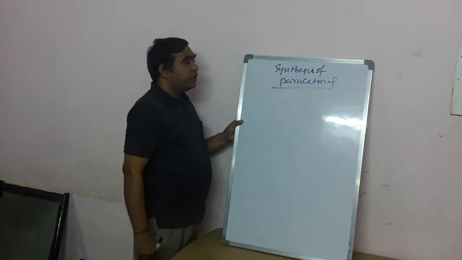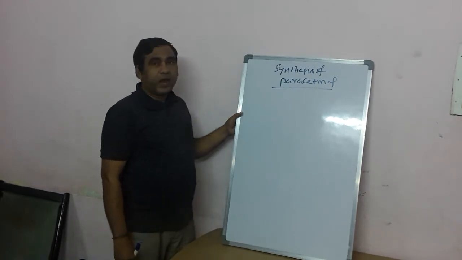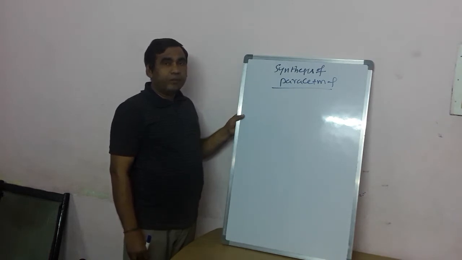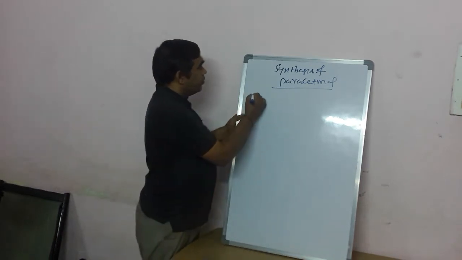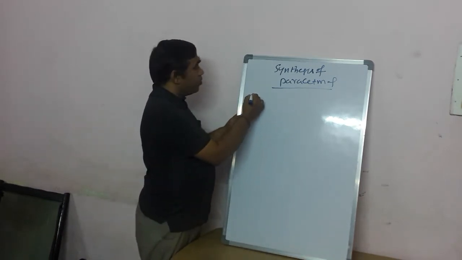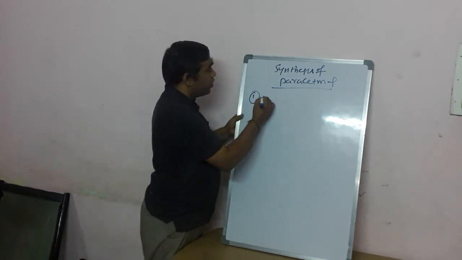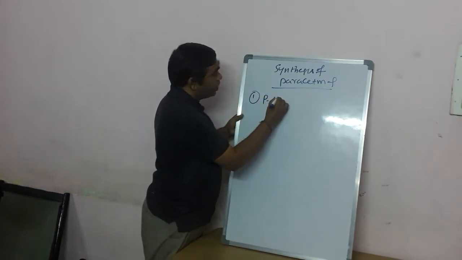Paracetamol is a drug material. It is an antipyretic drug. It is used for controlling fever, and it is also used for controlling pains. For the synthesis of paracetamol, we have to use mainly three types of raw materials. One is para-aminophenol.